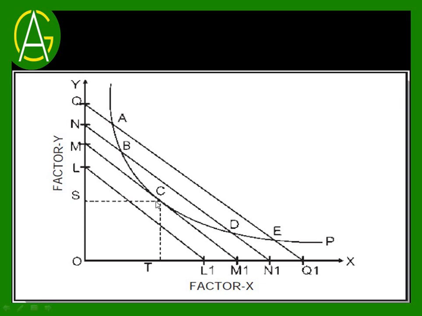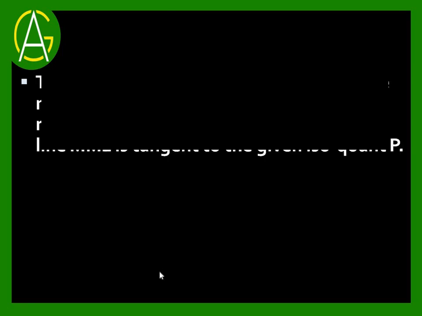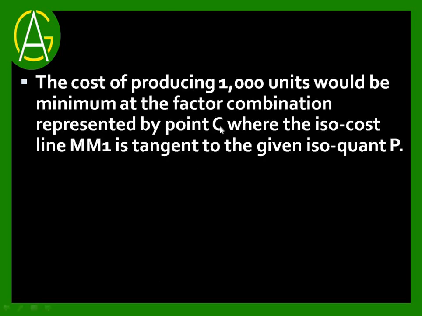At this particular point we can find out the least cost combination. So at point C, the firm will utilize OS units of factor Y and OT units of factor X. The cost of producing 1000 units would be minimum at the factor combination represented by point C, that is tangent to MM1 isoquant.